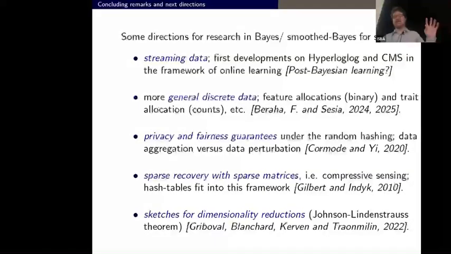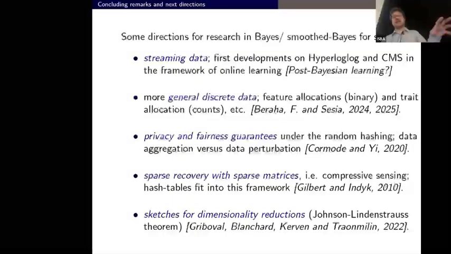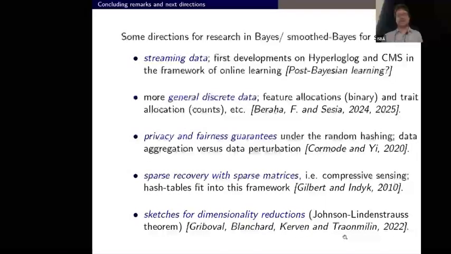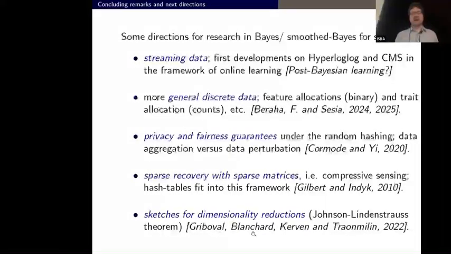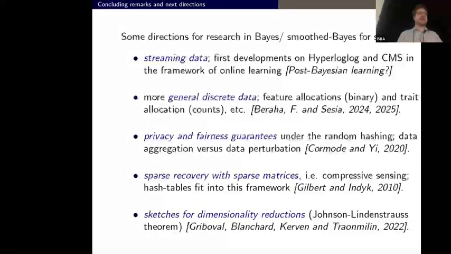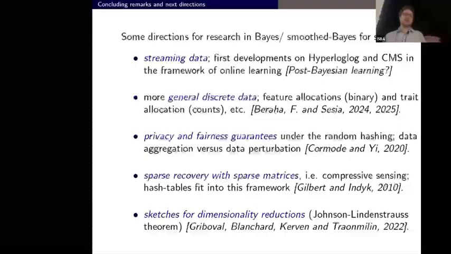In that case, the matrix is dense, so in this case, we can use sparse matrices. And there is a very nice work, non-Bayesian, by Gribonval, Blanchard, and Cotter, which is compressive learning, and they use sketches to reduce the dimensionality. It's completely non-Bayesian, and I think there is promise to do some work in the Bayesian direction. And I stop here. Thank you for your attention.